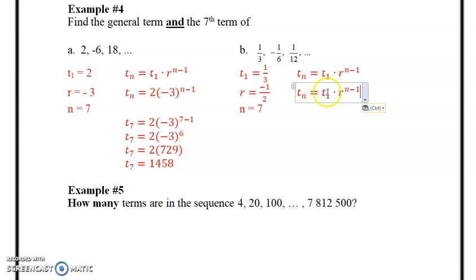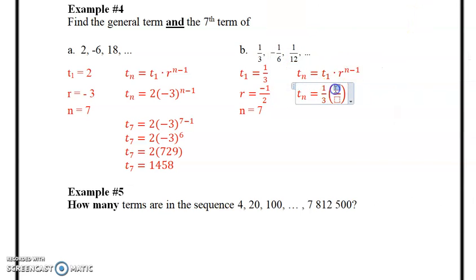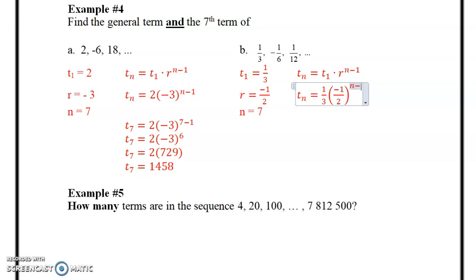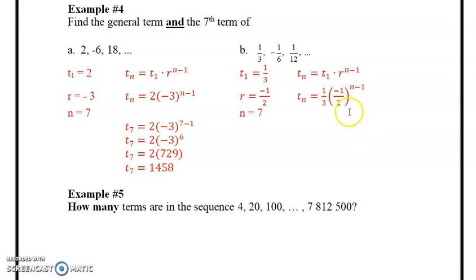We look for the general term here, so we leave it as Tn. The first term we know is 1/3, so substitute that in. And now it's going to be multiplied, so this is where I like to bring the brackets in. We insert brackets, and of course that's going to be a fraction, -1/2, all raised to the exponent of n minus 1. That is the formula for the general term.